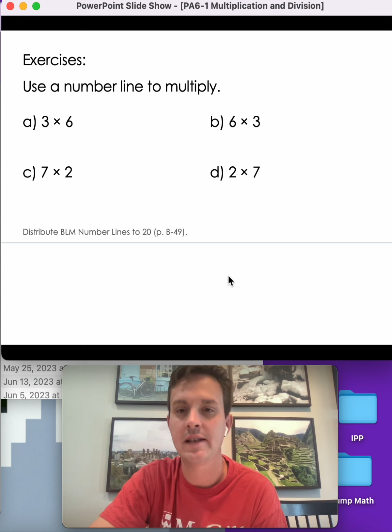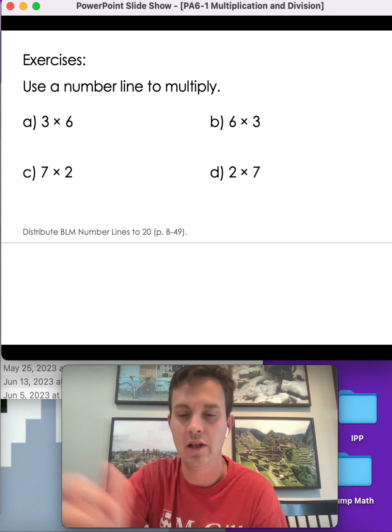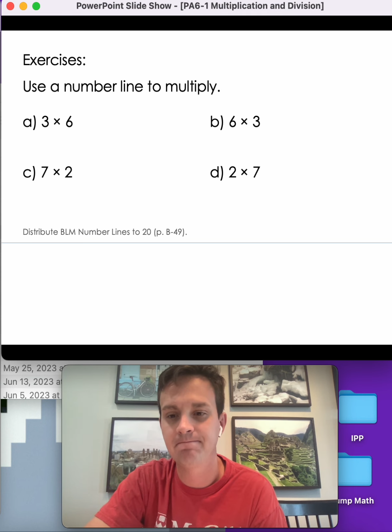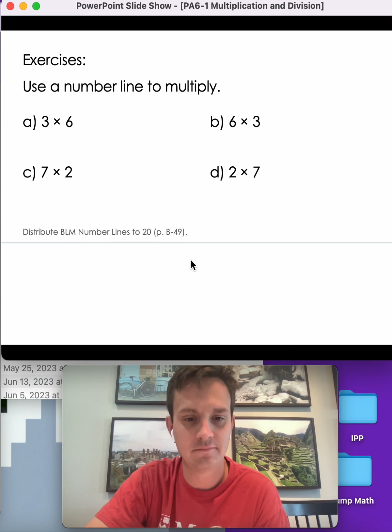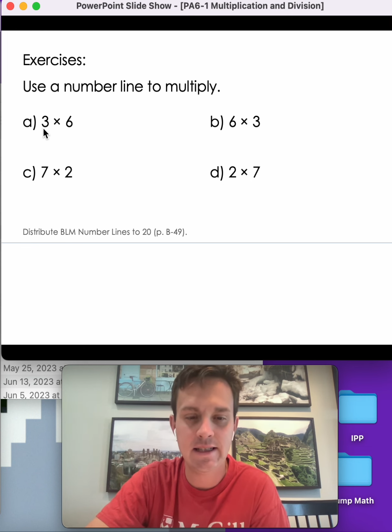Okay, here are some exercises. Use a number line to multiply these numbers. I'll distribute number lines to each of you. All right, once you're finished those, first one should be 18.